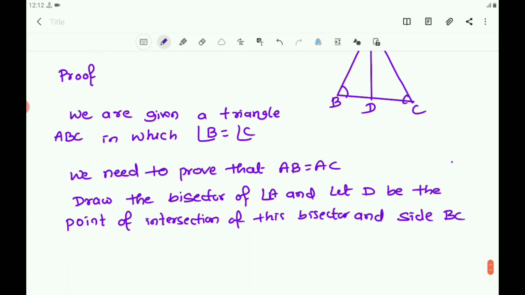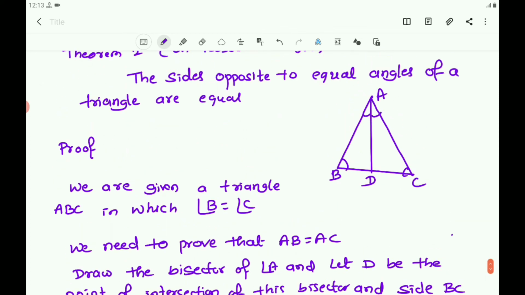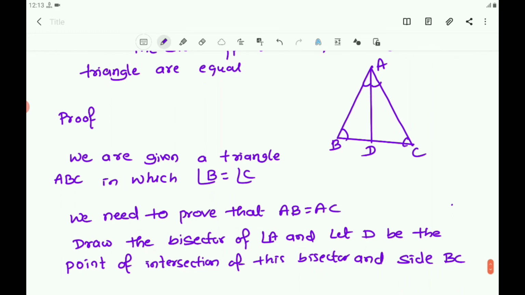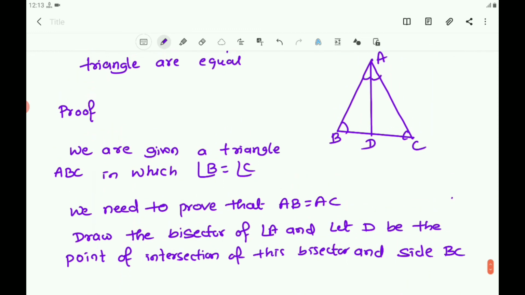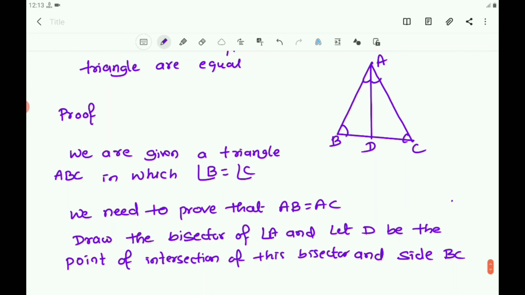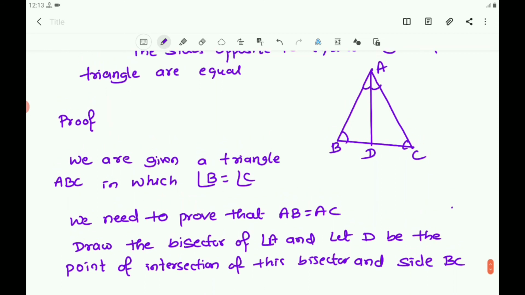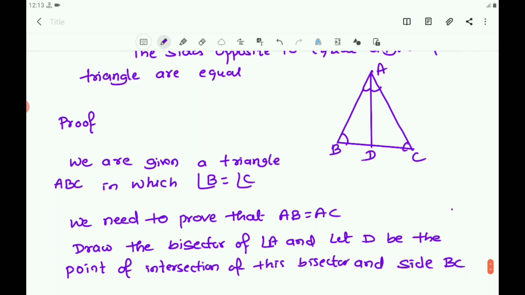Next, here you take the triangle ADB and triangle ADC and prove that they are congruent by using any one of the congruence rules. And after proving that, you will get AB equals AC according to CPCT.